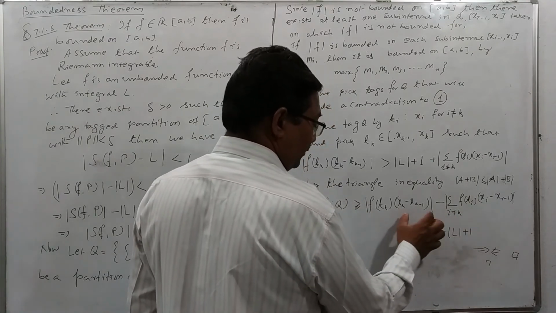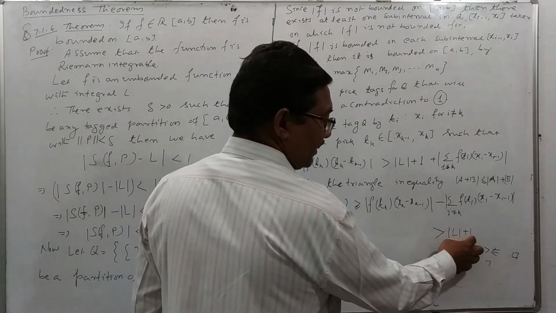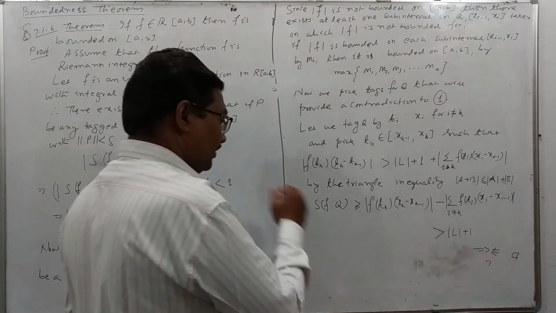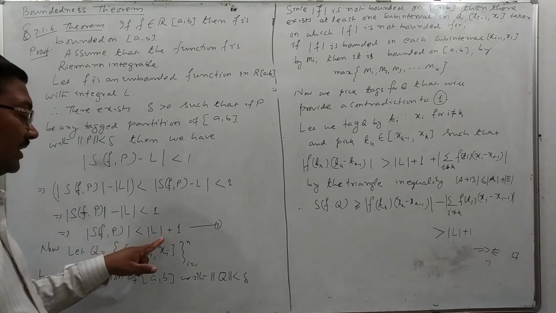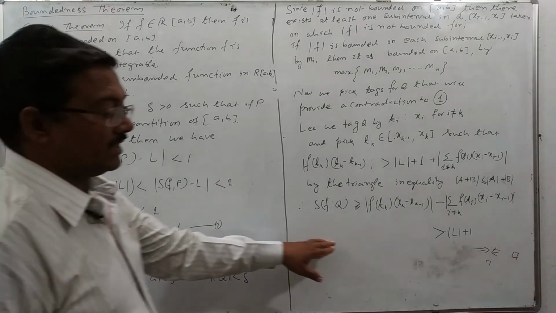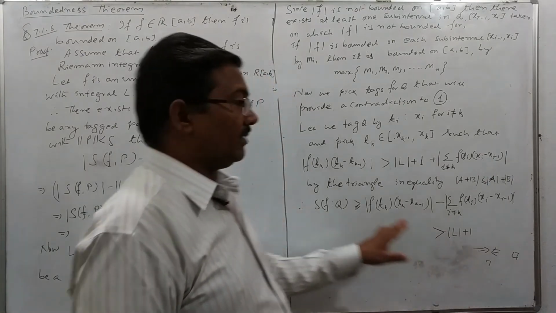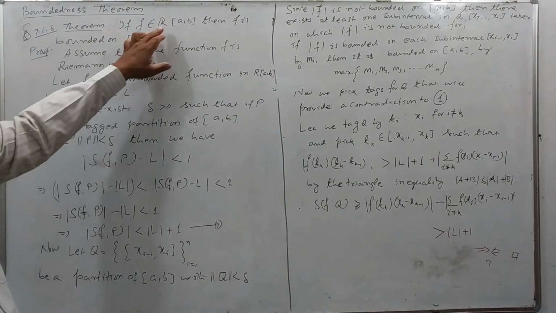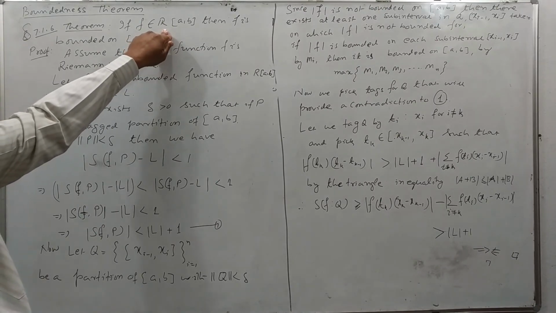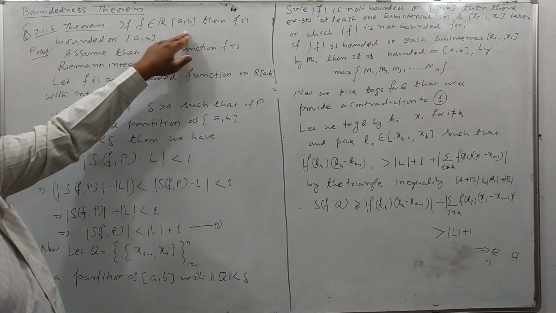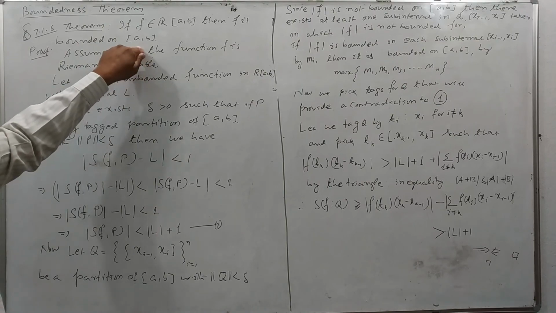So this value must be greater than absolute of L plus 1. But we have shown the Darboux sum of the function f corresponding to partition P is less than absolute of L plus 1. So there is a contradiction. Hence, if f is Riemann integrable on the closed interval [a, b], then f is bounded on the closed interval [a, b].